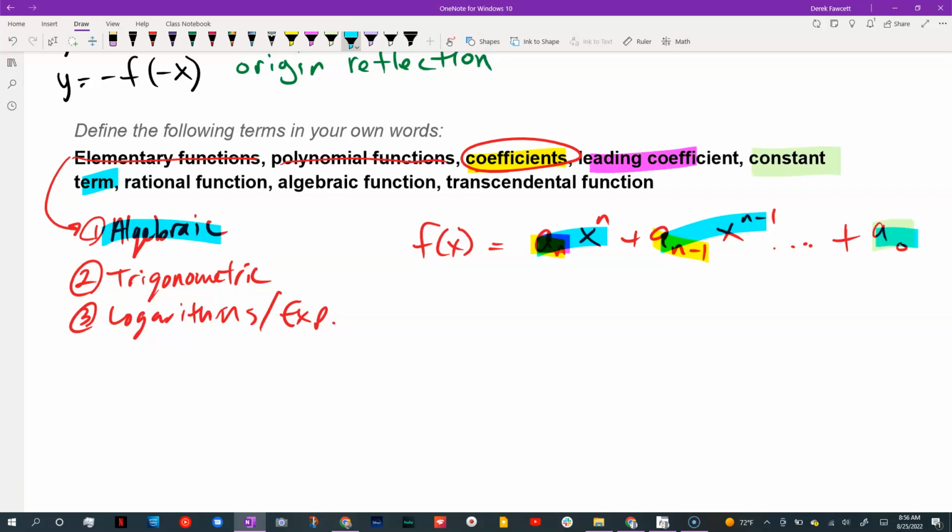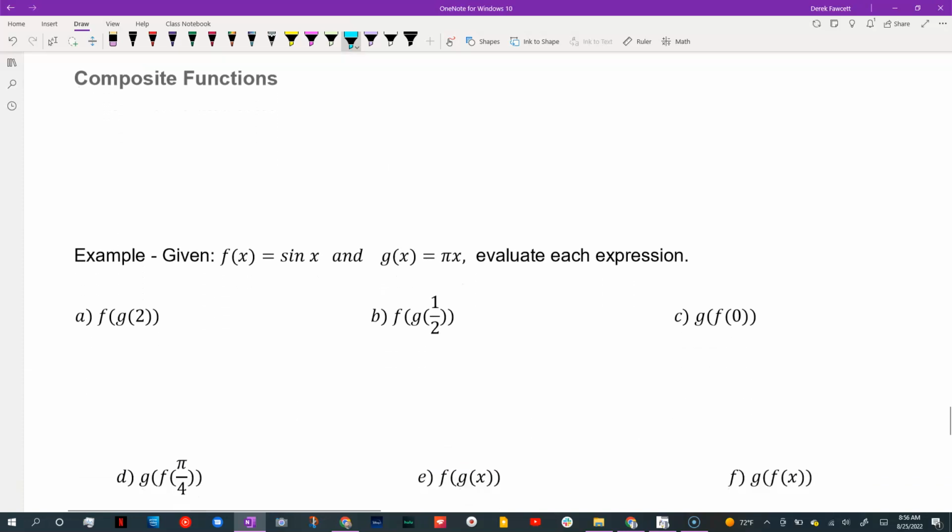Transcendental functions, those are your sine, cosine, or trigonometric functions. That's just a fancy way of saying trig function, right? When you have sine, cosine, tangent, cotangent, secant, cosecant, those are transcendental functions. Okay, good job on those definitions. And let's look to see what's next.